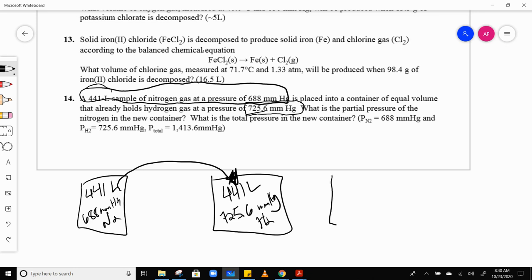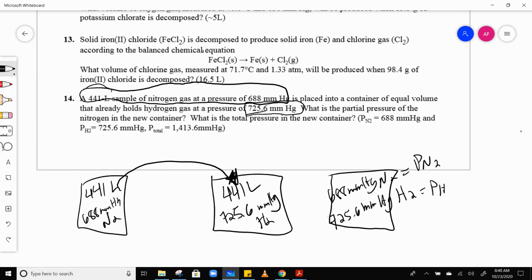So this problem is actually super, super simple. All you're doing is taking the two pressures, so you're still going to have 725.6 millimeters of mercury worth of H2, and now you're going to have 688 millimeters of mercury of N2. Those pressures don't actually change. So that's the pressure of N2.